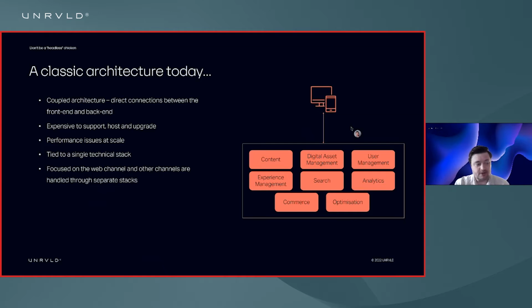Quite often the software is hosted by the customer on their own server, so it's expensive to support, to host, to upgrade, and because you're paying for these big servers, issues start to creep in when you're looking at performance and performing at scale, and there is that element of vendor lock-in, and a lot of people are starting to find themselves in this position.